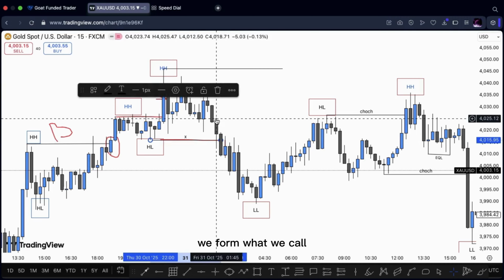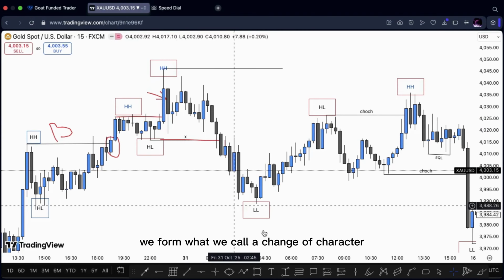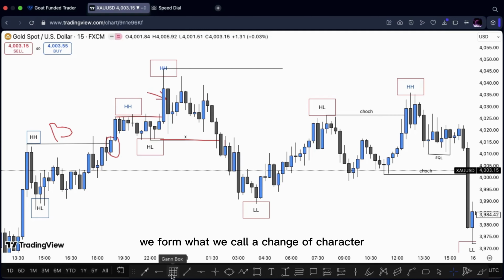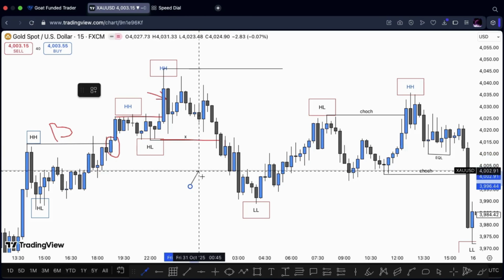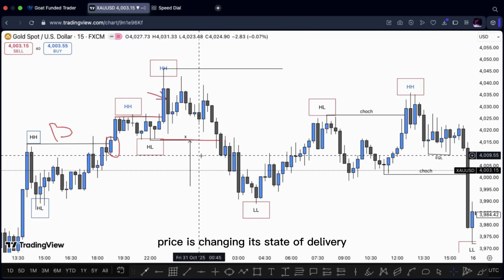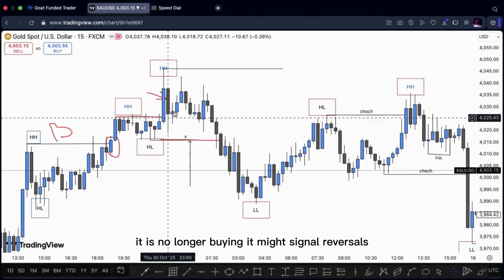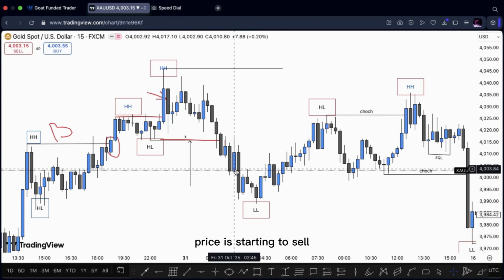We form what we call a change of character at this point here. Change of character. Price is changing its state of delivery. It is no longer buying. It might signal reversals. Price is starting to sell at this point.